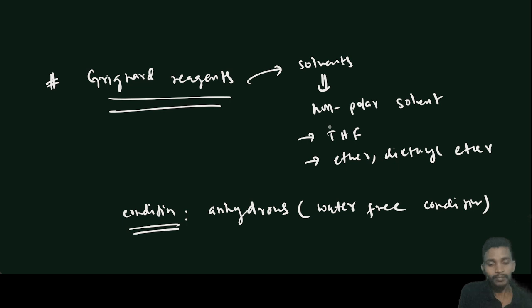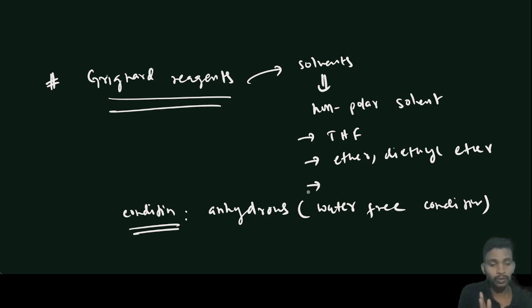Okay, so these are the solvents we need for the Grignard reagent, and that should be in anhydrous conditions, meaning water should not be there in the solution. Also, the solvent should not have any acidic protons. If an acidic proton is there, then this Grignard reagent is a strong base, so it will directly attack the acidic protons and react.